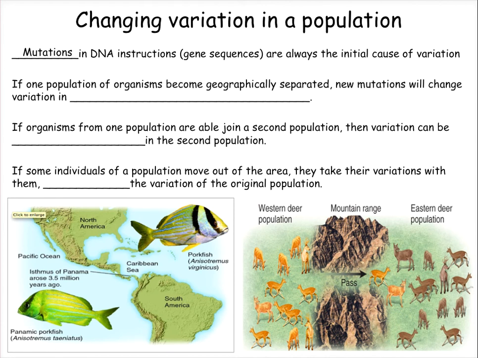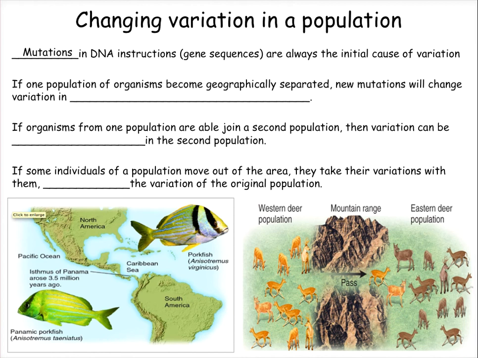What will happen is that any mutation that is found in one subset of the population will remain restricted to that one subset. So if you look at these two fish, you can tell that these two fish species are related species that likely had a recent common ancestor.